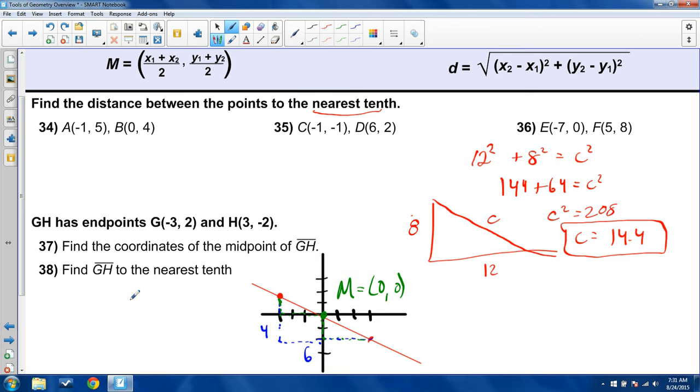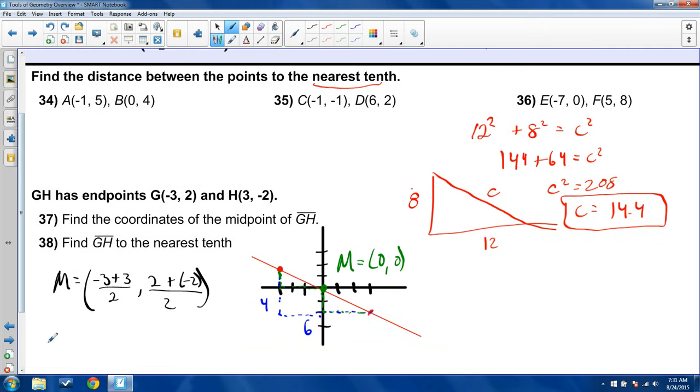Midpoint is x1 will make -3 plus x2 is 3 divided by 2, comma, y1 will be 2 plus y2 is -2 divided by 2. So -3 plus 3 is 0, and 2 plus -2 is 0. So your midpoint is still 0, 0, as it should be.